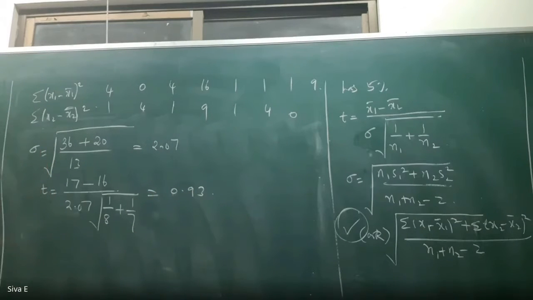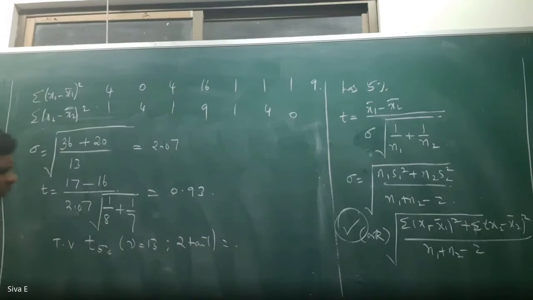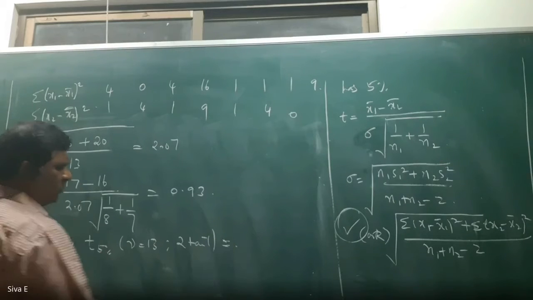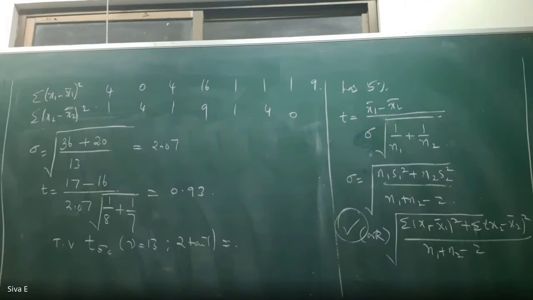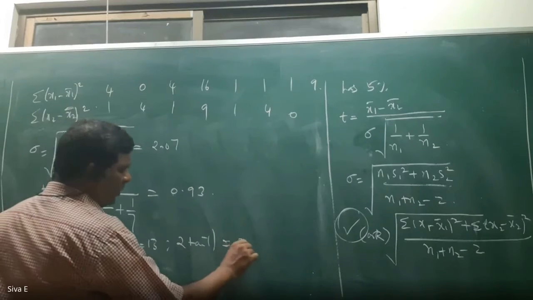0.93 is the calculated value, but the table value of t at 5% for nu equal to 13, two-tailed test, see in the 0.05 column, 13, is 2.16.